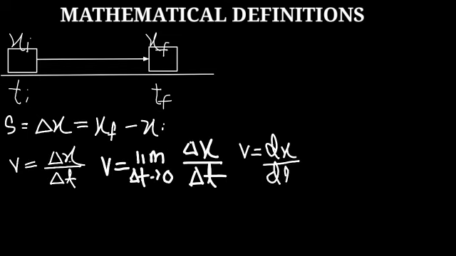Mathematically, we can think of it as the limit of the average velocity as the time interval delta t becomes infinitesimally small. v equals limit delta t tends to 0 of delta x by delta t, which is equal to dx by dt. For those familiar with calculus, this is the first derivative of the position with respect to time. For those who aren't, just think of it as the velocity at a single precise moment.